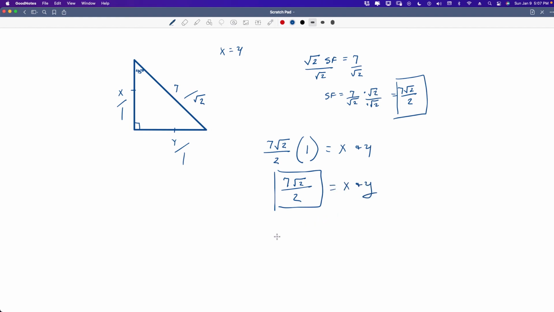Easy peasy. All right. You just take this square root of 2 times the scale factor and have it equal the new dimension for the hypotenuse. Or here on the y factor, whichever side it is that you have access to, you multiply that times some scale factor to get the new dimension, and then divide if you have to, and that's going to be your new scale factor, just like we did here.